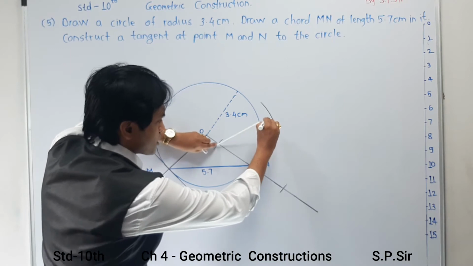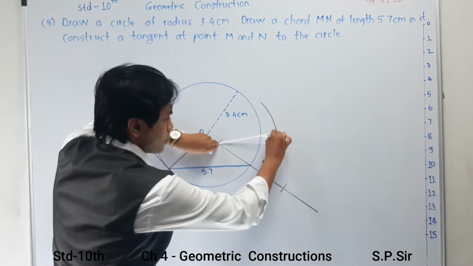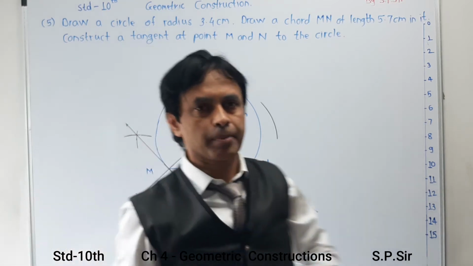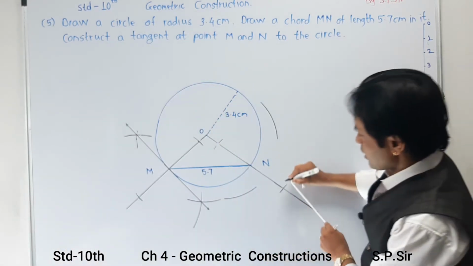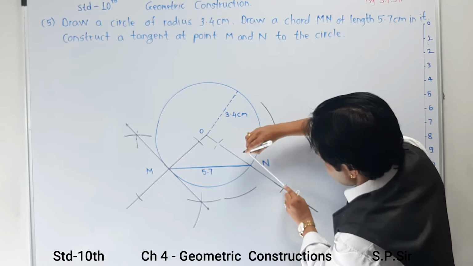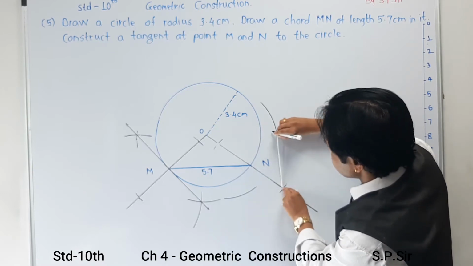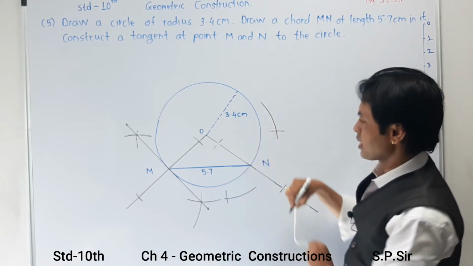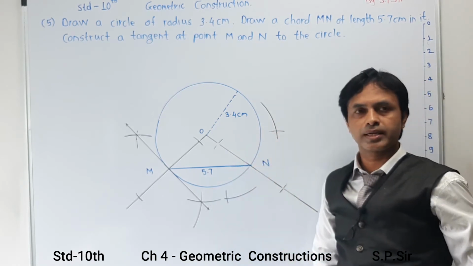Now whatever distance you have kept over here for the first arc and second arc, keeping the same distance over here, make the arcs. Now you have to take this point as a reference and make 2 marks, one upstairs and second downstairs, and in this way your marking is completed.